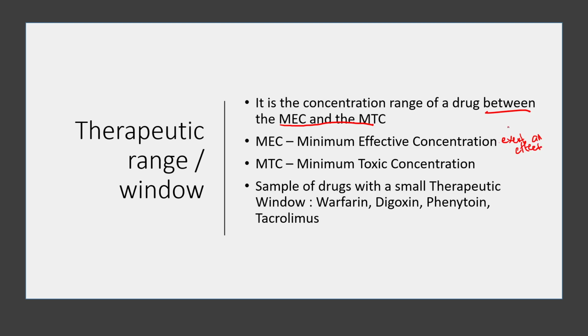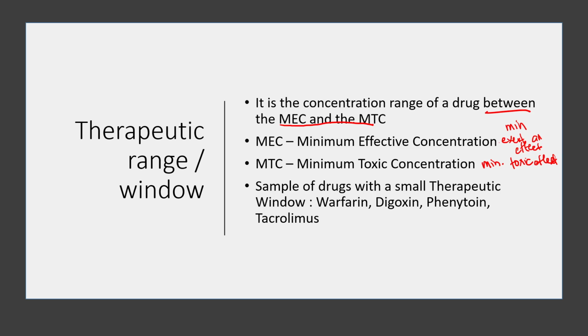Minimum, meaning if the plasma level does not reach this concentration, there will be no effect. MTC, on the other hand, is the minimum concentration to exert a toxic effect.